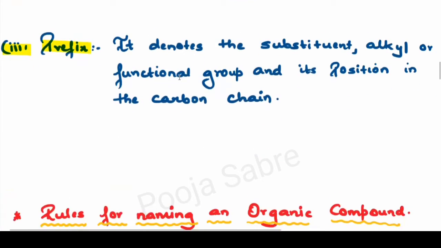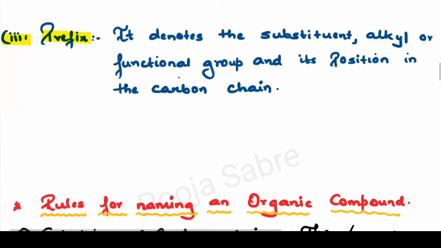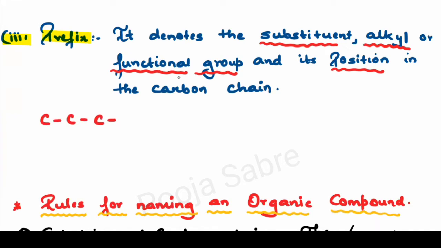Now the prefix denotes the substituent, alkyl group or the functional group, and its position in the carbon chain. Let us take one example. If I have a carbon containing chain, over here, children, I can see that apart from the longest chain, I have a substituent, the branching part. This CH3 is my substituent.